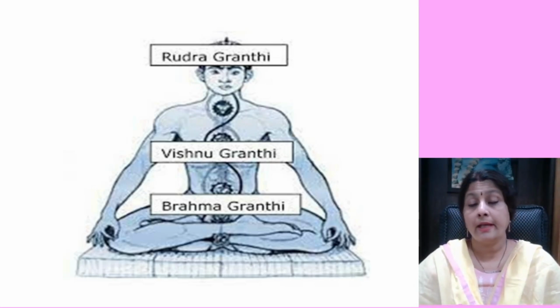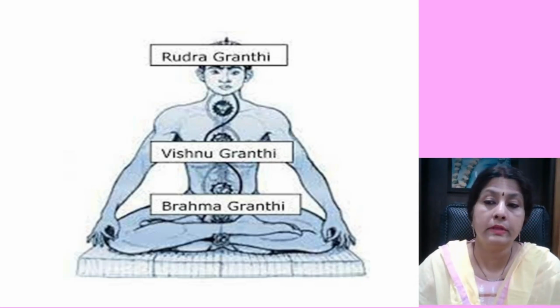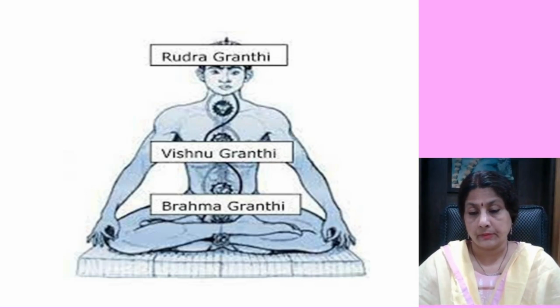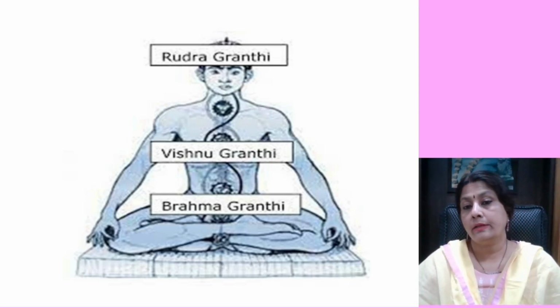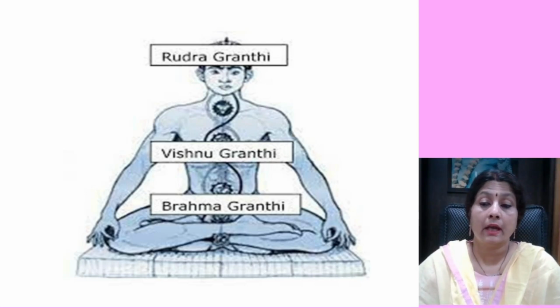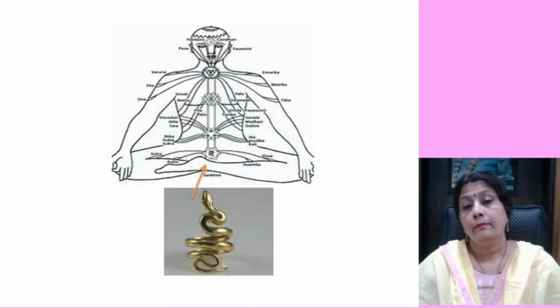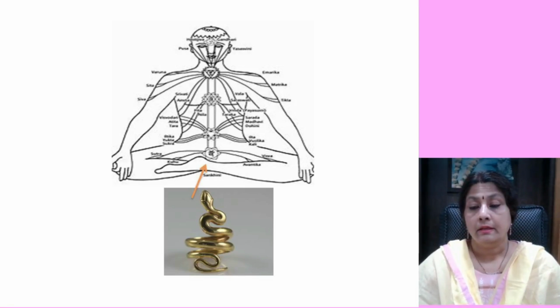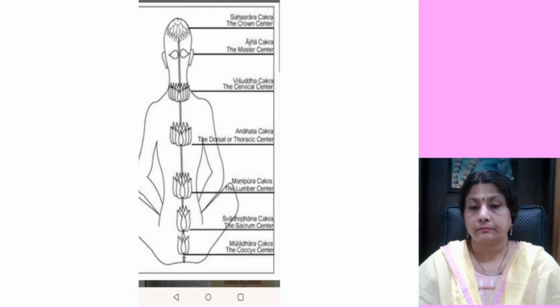And breaking through these knots is the most difficult part of the process. Once these knots open up, then Kundalini can uncoil. It can freely move up through the Brahmanadi and move through the spine and reach the Sahasrara chakra.